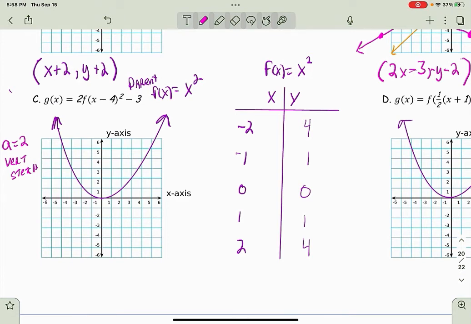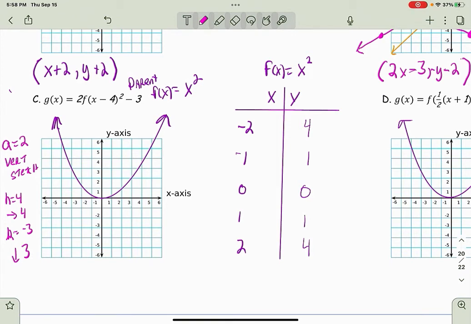And then we have h equals 4, which is going to be a right shift of 4. And we have k equals negative 3, which is going to be a downward shift of 3.